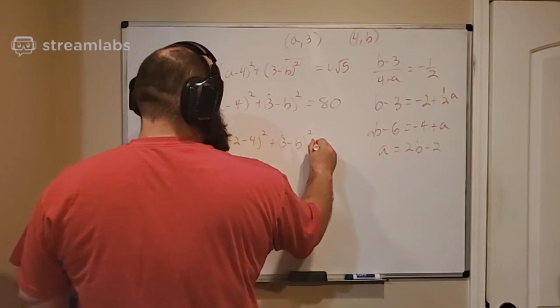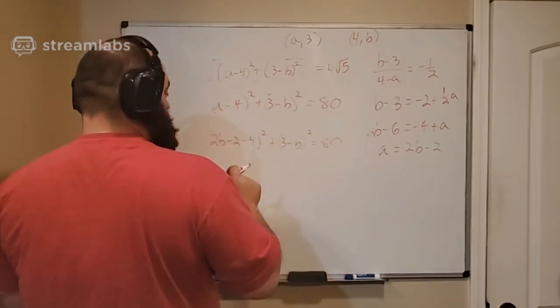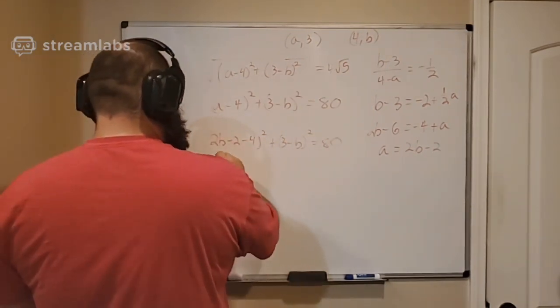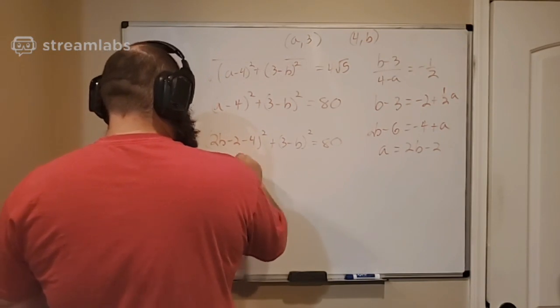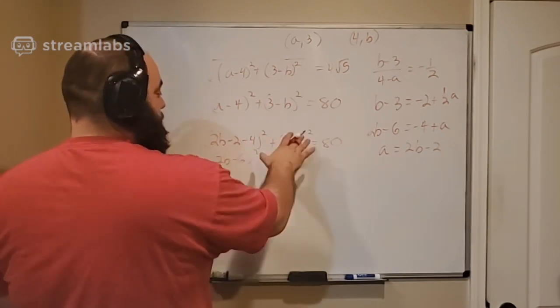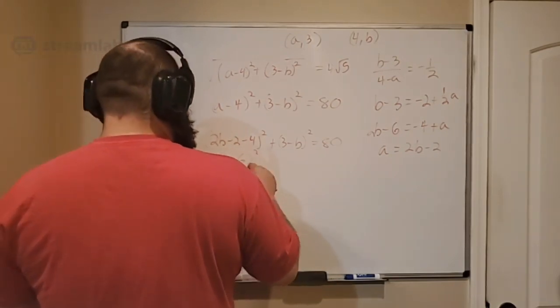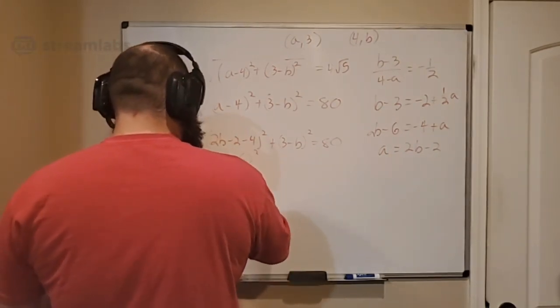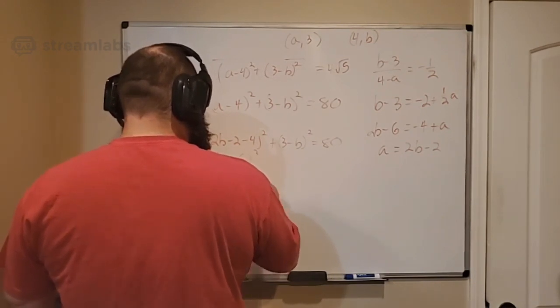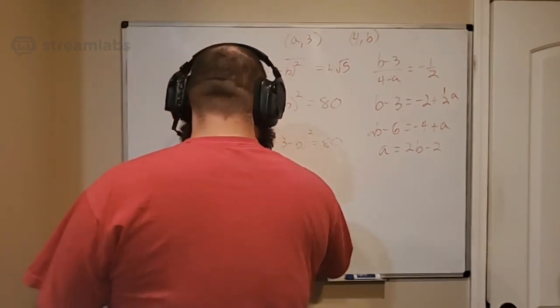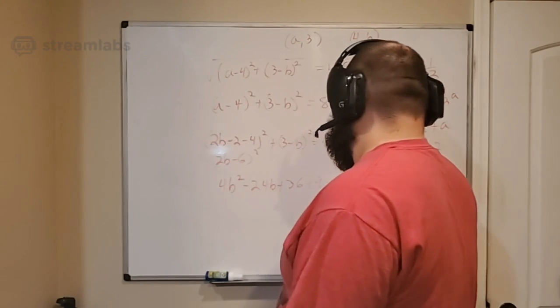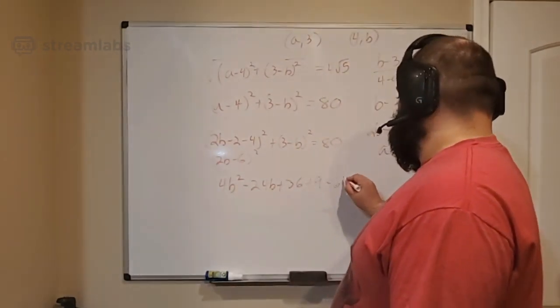So is this 2B minus 6 squared? You're going to have to multiply all this out and use the quadratic formula, basically, to solve for B. So it's 4B squared minus 24B plus 36 plus 9 minus 6B plus B squared equals 80.